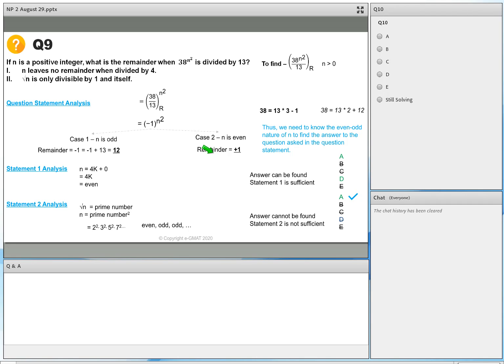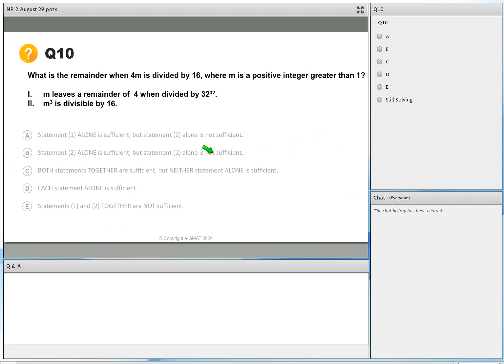I see someone marking choice A. You don't even know the question yet. Please stay in still solving only. Here's question number 10, everyone. All the very best.